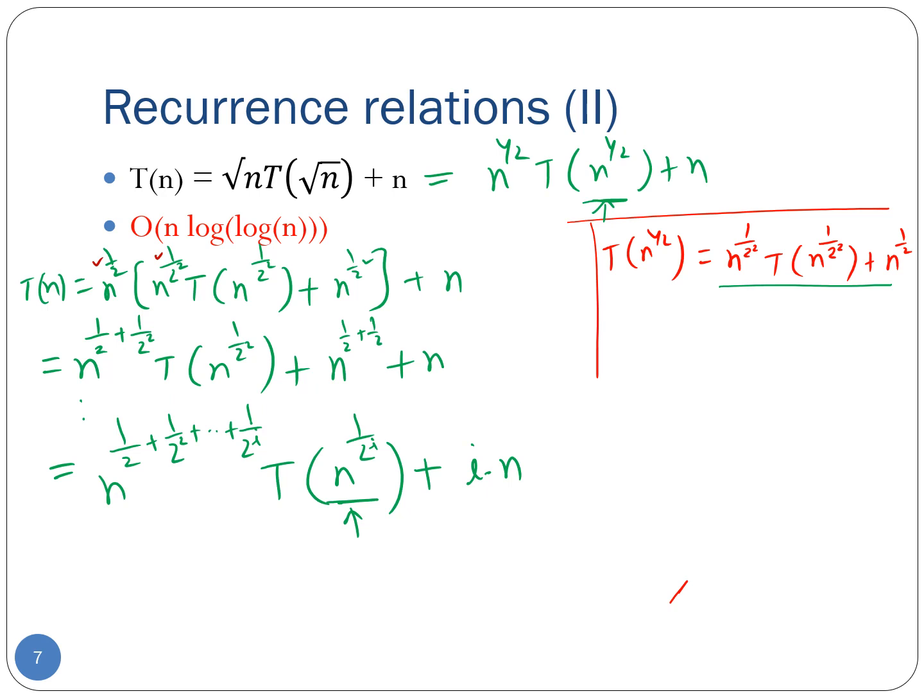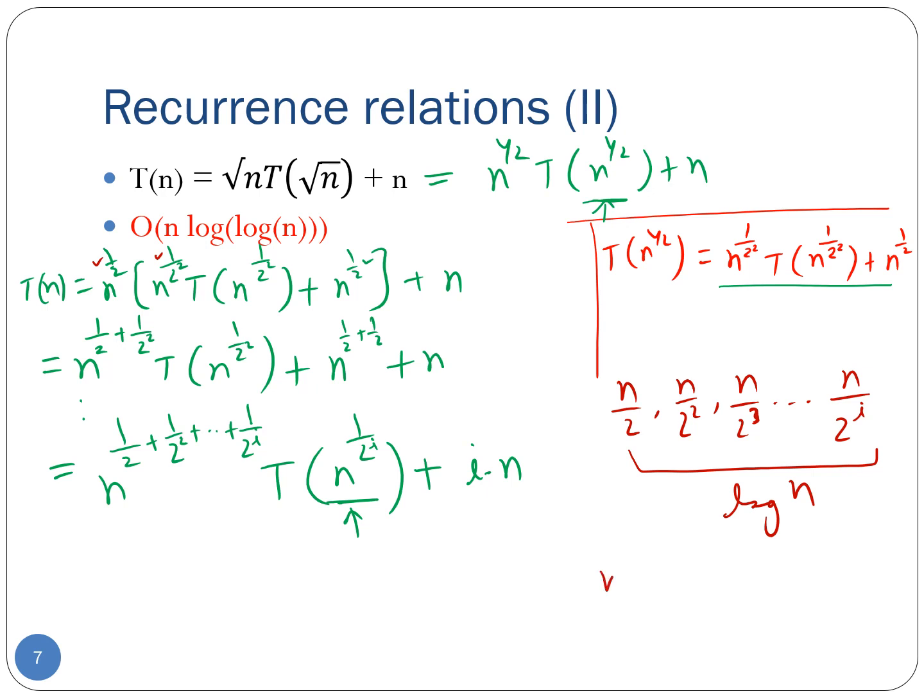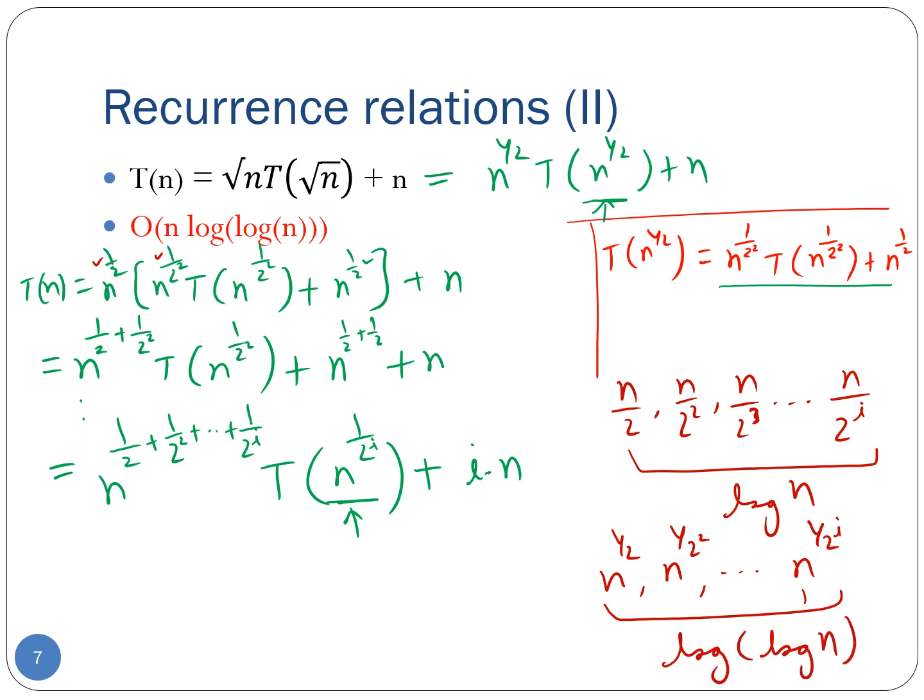So notice that just as this series n by 2, n by 2 square, n by 2 cube, and so on, up to n upon 2 to the power i, has log n terms, similarly this series n to the power half, n to the power 1 by 2 square, and so on up to n to the power 1 upon 2 to the power i, has roughly log of log n terms before this last term goes down to 1 or 0, so some small constant.